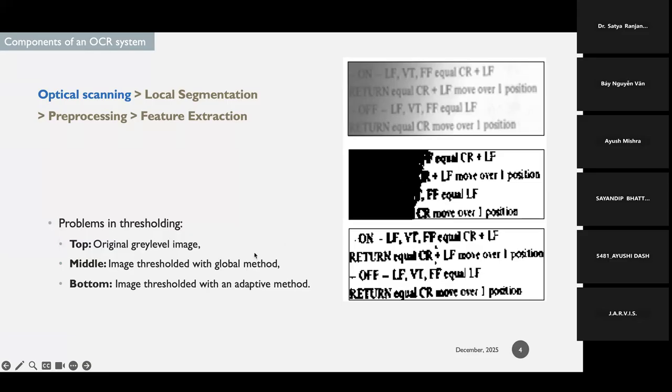We miss everything. At the bottom, when we use an adaptive method, we can see it clearly, and it only has black and white. It's very clear, and that's why it is more readable for the machine, not just for a human. We aim for the computer to be able to read it.